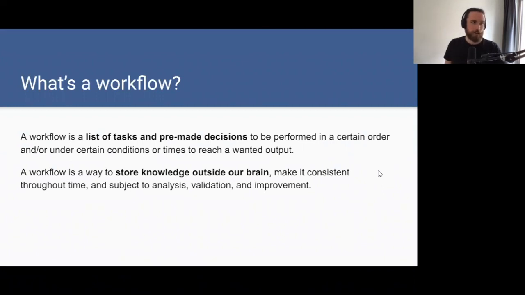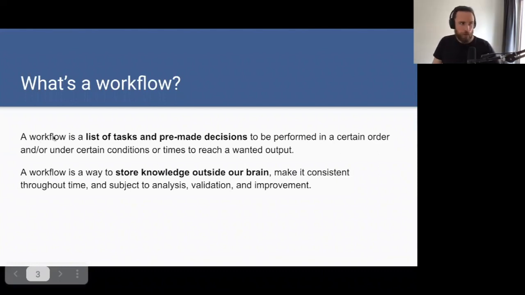Let's get started with a definition. I read this in an article about productivity systems, which in the end turned out not to be about technology, but about steps. And I replaced the word script with workflow. In the original article, it talked about a script, and I thought, oh yeah, but a workflow is essentially a script.